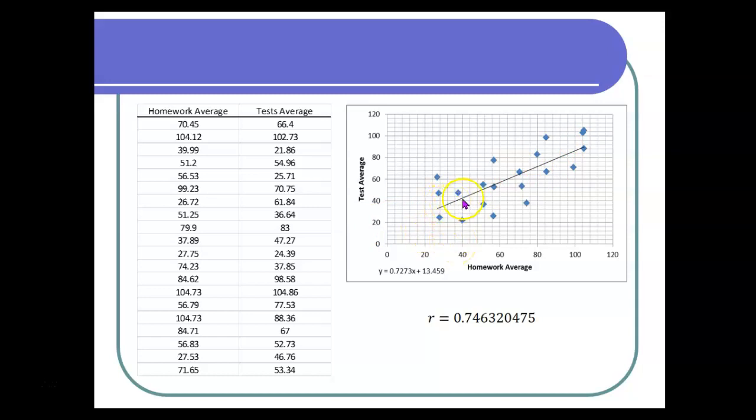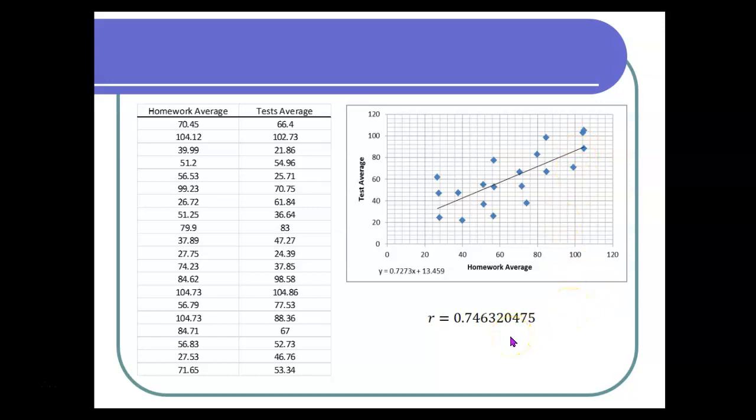Later on, we'll talk about that line and how it's determined. That's coming up in the next section. And down here, I've got this number r equals 0.746 and so on. And that is a number that measures kind of how closely these dots line up in a straight line.